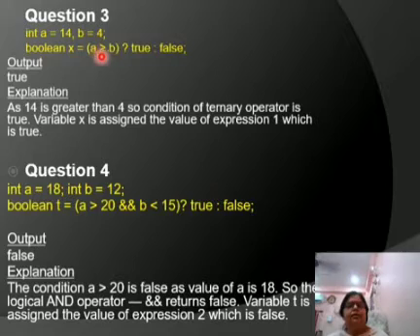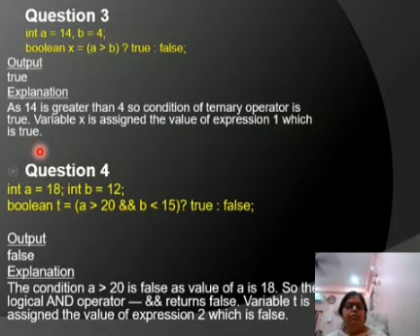If a is greater than b, and the statement is true, then it will return true, otherwise it will return false. So the answer for this is true. As explanation, as 14 is greater than 4, the condition of the ternary operator is true, and variable x is assigned the value of expression 1, which is true.